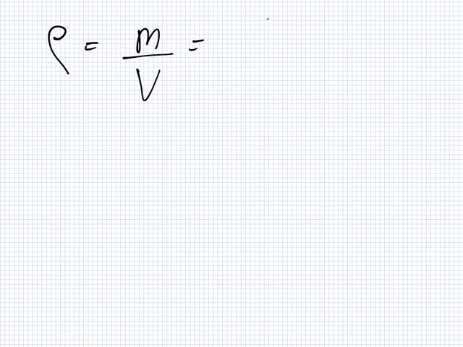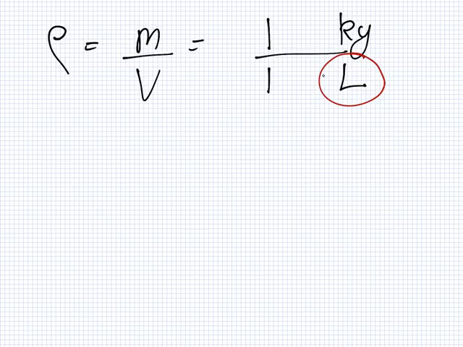Right, so what's the formula for density? Mass over volume. Now here, the good news is we know the mass, it's 1 kilogram. And we know the volume, it's 1, but the problem is it's 1 litre. We don't want litres, we want meters cubed.